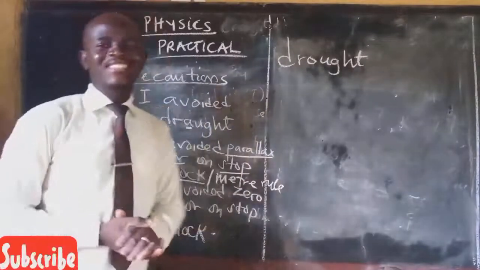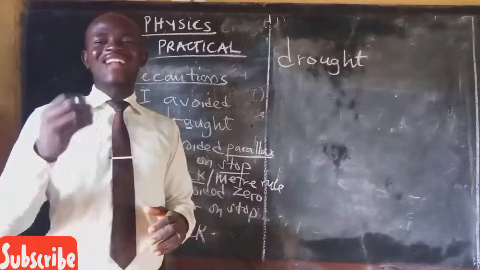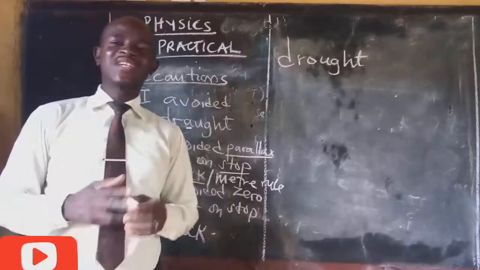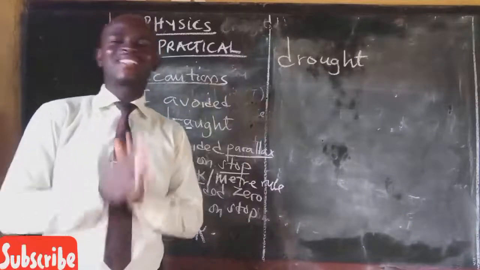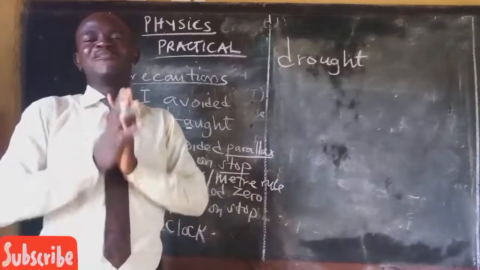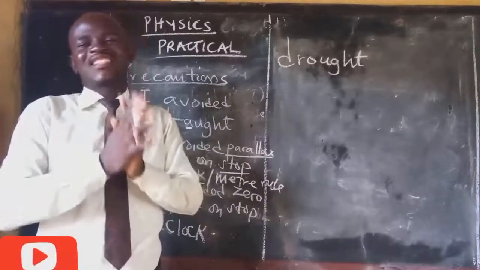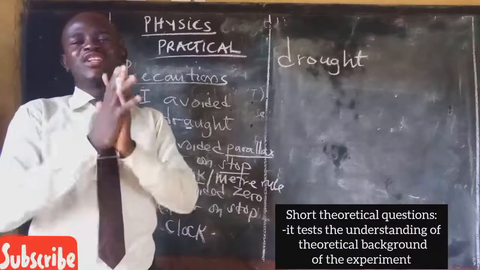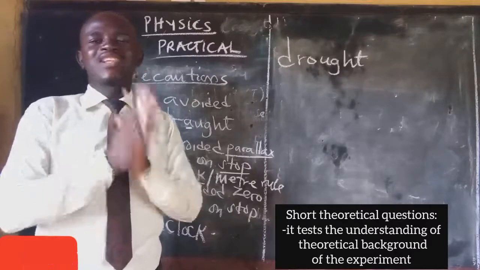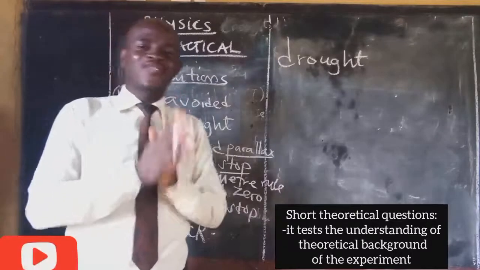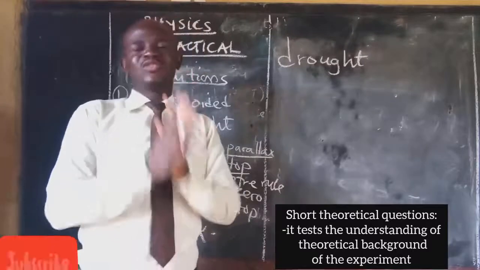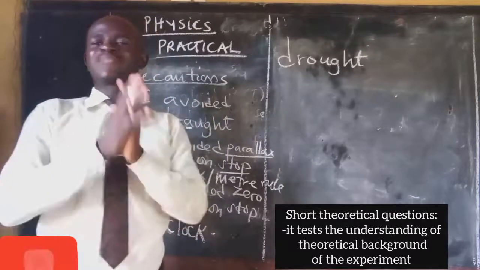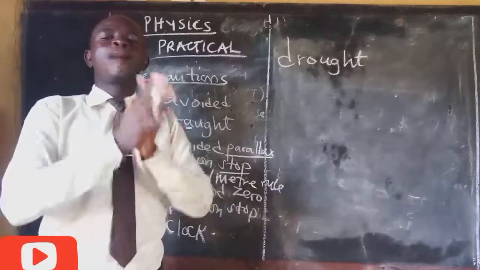The last one is the short answer questions that will be given to you. You will agree with me that the experiment that you have performed, you have been taught in the class theoretically before. Now they want to test your knowledge about the theoretical background that you have concerning the experiments you have performed. Like I said earlier, let us assume that the experiment is on a simple pendulum.